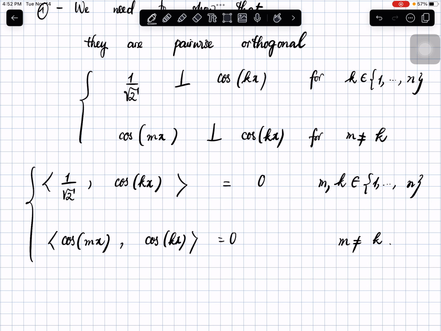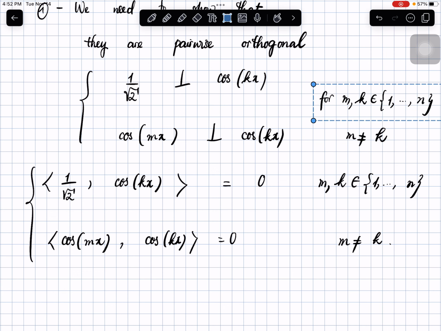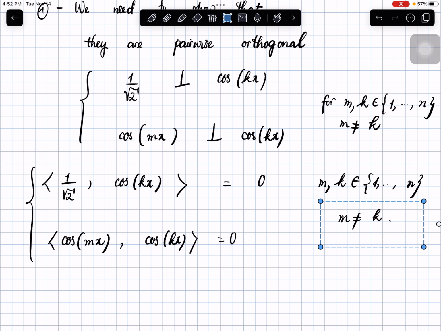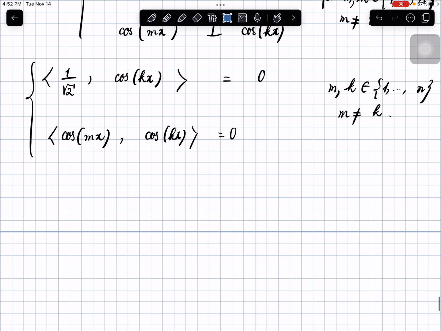We use the same notation: m and k are just numbers from 1 to n, with m different from k.